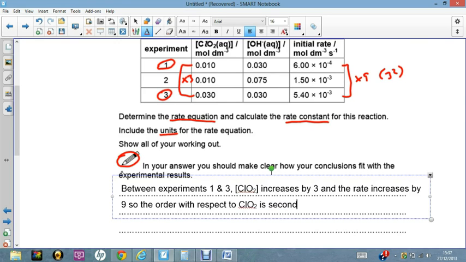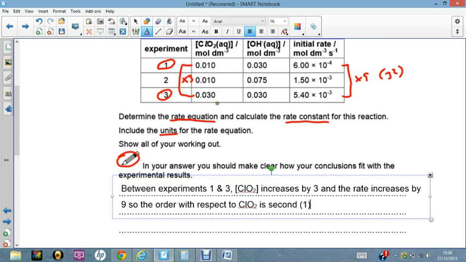Okay, so that's going to be my sentence. I've got to say which experiments I'm using because that will be part of the quality of written communication. I've said what's happening to the concentration and I've said what's happening to the rate. The order for this is second, and I'll get a mark for writing that sentence.